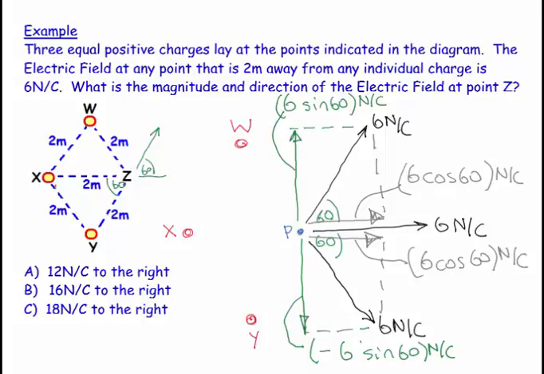So that's 1, 2, 3 electric field vectors pointing to the right. So my electric field will equal, well, 6 cosine 60 is 3, and 6 cosine 60 is 3, 2 threes are 6, plus a 6 makes 12. It's going to be 12 newtons per coulomb, and it's clearly pointing to the right.